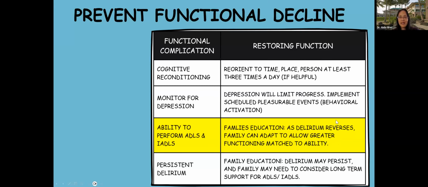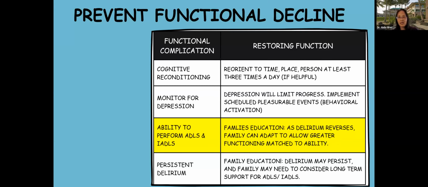Right? They're just passively receiving, and they kind of forgot how to brush their teeth, or feed themselves, or get dressed, or transfer and walk. So they may need cues, but allow them to do more and more as you see them improving.